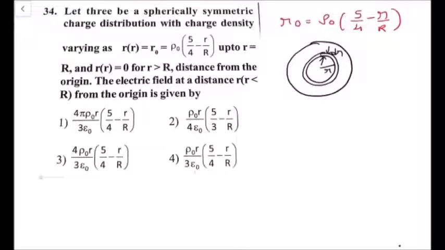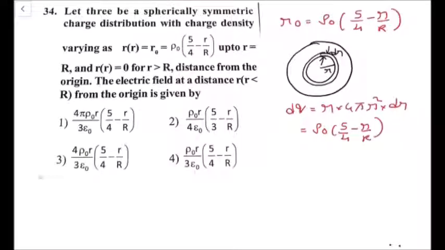So for that, the small amount of charge dq is equal to volume charge density into that volume, that is surface area into thickness, 4 pi r square dr, where rho of r is given as rho naught into 5 by 4 minus small r by capital R into 4 pi r square dr.